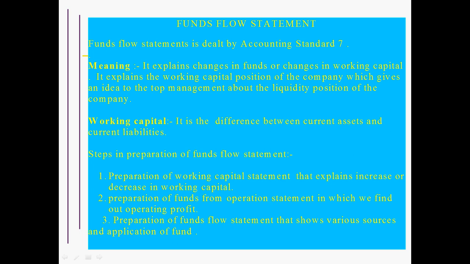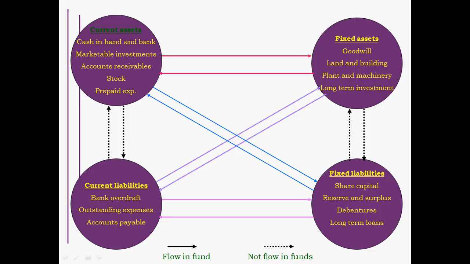Then how can we prepare the fund flow statement? Firstly, prepare the working capital statement that explains the increase or decrease in working capital. Now prepare the funds from operations statement, in which we find out operating profit, and then prepare the fund flow statement that shows the various sources and applications of funds. Now you can see cash in hand, marketable investments, accounts receivable, stock, prepaid, current liabilities, fixed assets, fixed liabilities.